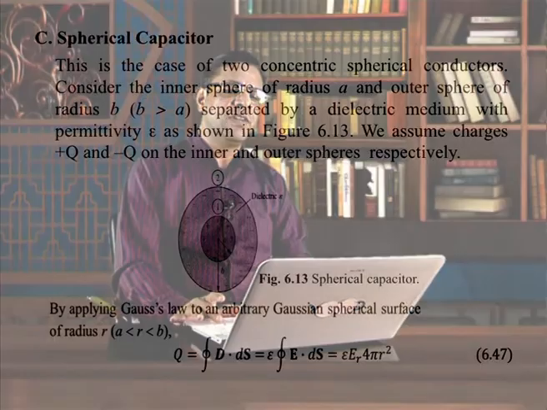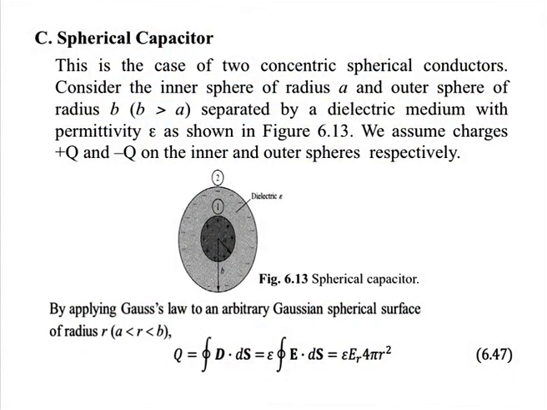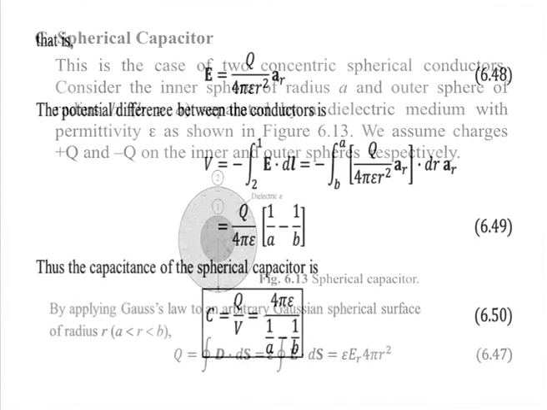We can follow a similar process for the spherical capacitor, where we have two spheres, the inner sphere having radius A and the outer sphere of radius B carrying charges plus Q and minus Q respectively. By applying Gauss's law to an arbitrary Gaussian spherical surface of radius r ranging between A and B, we can get the expression for Q given by equation 6.47.